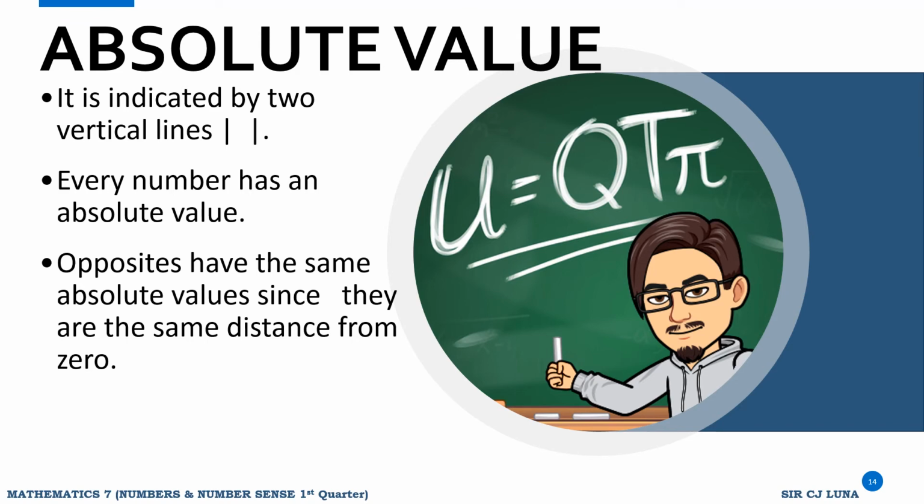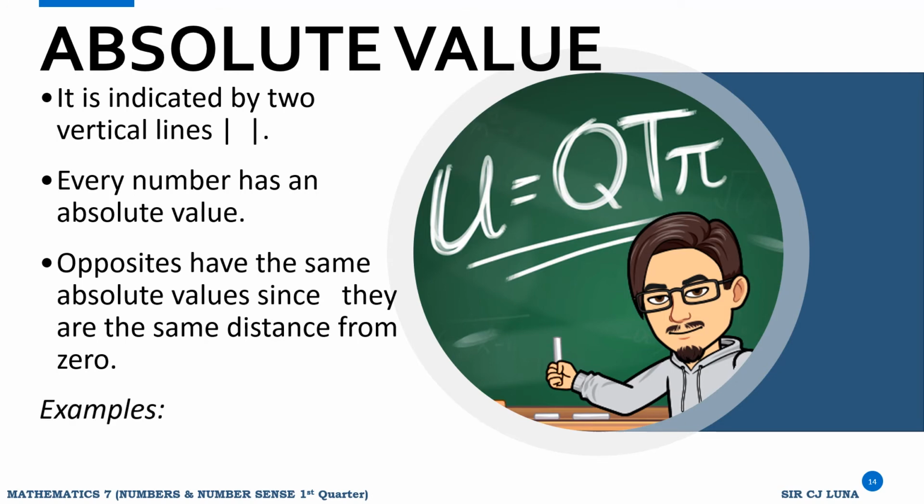Diba kanina sinabi na natin yan? Ang opposite ng 7 ay negative 7. Pero ang kanilang distansya sa 0 ay pareho lang. Kasi ang kanilang absolute value ay pareho din. So ano kaya yung kanilang absolute value? Mamaya makikita natin kung paano ito i-apply.